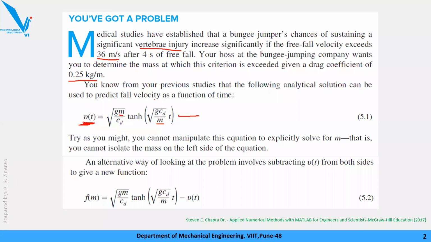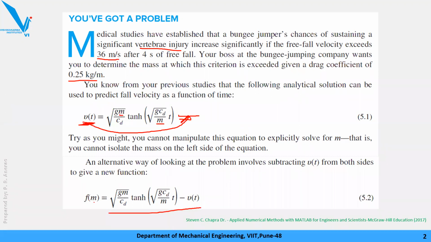So what we do in roots of equation is first manipulate this equation this way. We take it onto the right hand side, so minus v of t. Then we assume that this whole equation is some kind of function of mass.